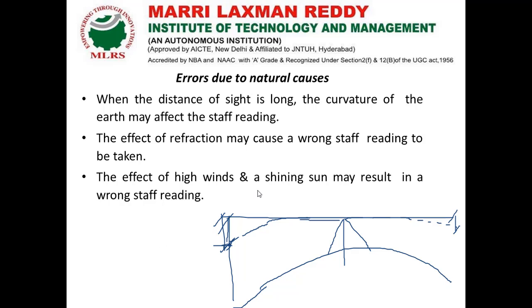And the effect of high winds and the shining of the sun may give wrong readings. These are all the errors caused by the instrument, manual handling and natural causes, and these should not happen during our leveling process. Thank you.